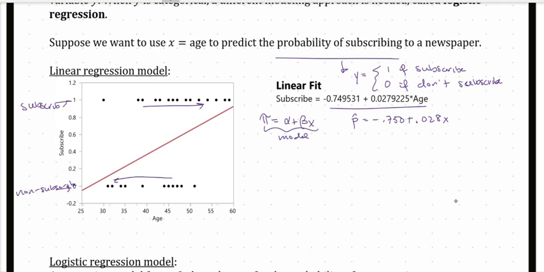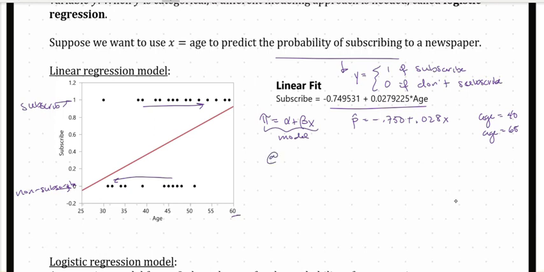And so let's figure out where this problem might be. I'm going to pick two ages. We're going to try age equals 40 and age equals 65. So 65 is a little beyond the bounds of our data, but it's also a totally reasonable age to try to predict at. So it's a little bit of extrapolation, but it's not way out there. So let's see what happens.